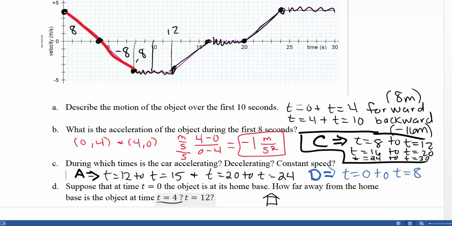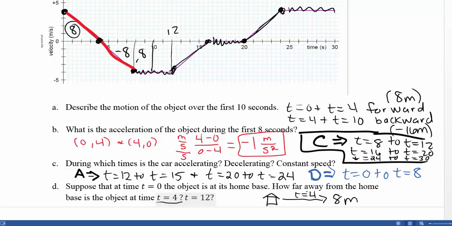Well, this is something we already calculated in part A. So from time equals 0 to time equals 4, if we look at the area under the velocity curve, that will tell me my change in position. So here we said that that was 8 when we did 1/2 base times height. And again, it was meters per second times seconds. The seconds units cancel and we're left with meters. So at time equals 4, we are 8 meters away from the home in the positive direction, so in the right-hand direction.